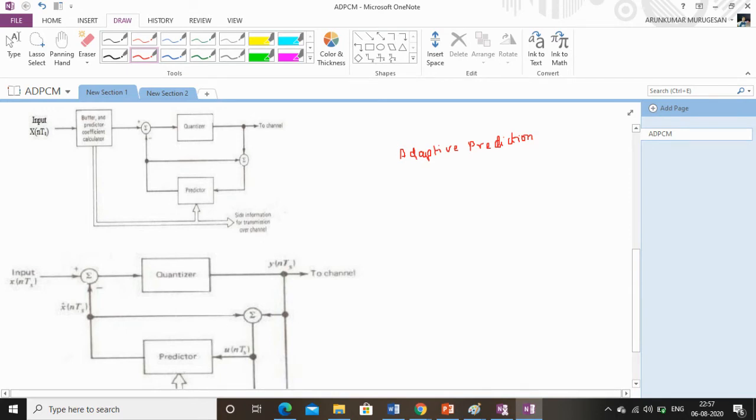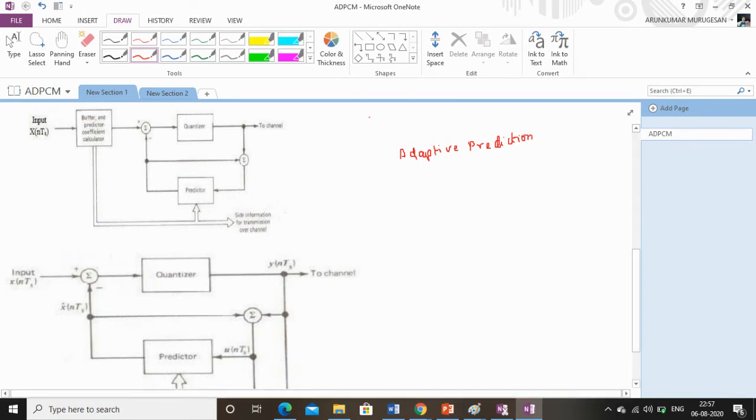Here we consider the speech signal. This speech signal is non-stationary, so the power spectral density and autocorrelation function of the speech signal are time varying in nature. So we consider adaptive prediction. The prediction coefficient is also time varying, that is, adaptive. Here, adaptive prediction also has two techniques.